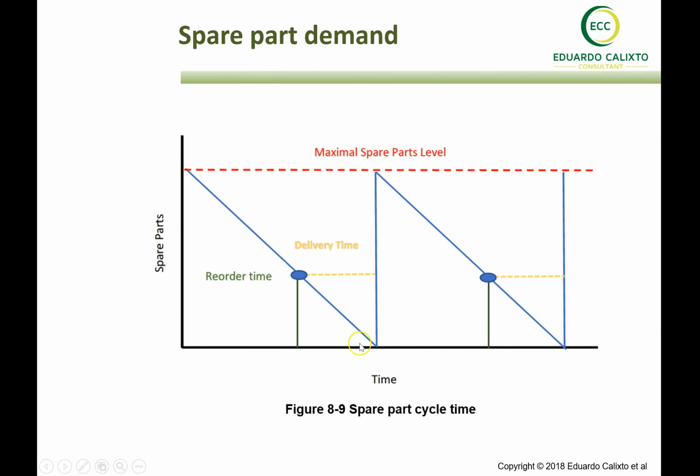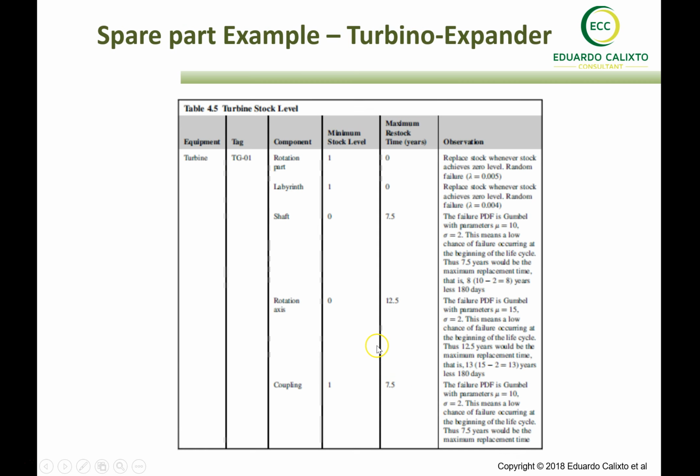So 6 months before, we carry out some inspection and check the shaft condition, and if it's necessary to replace, we reorder, so that at the time we expect to have a failure, we have the spare parts.